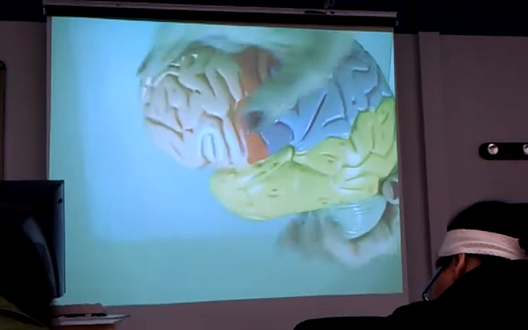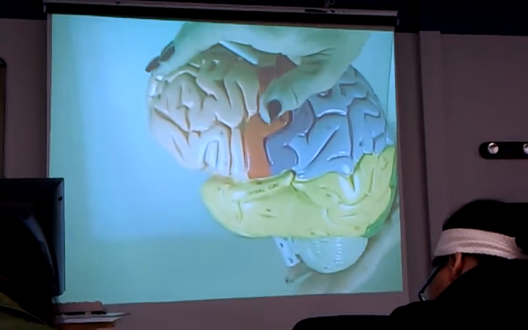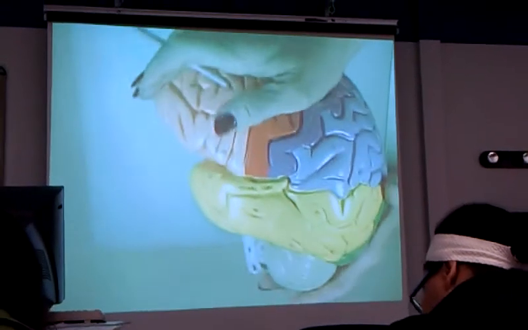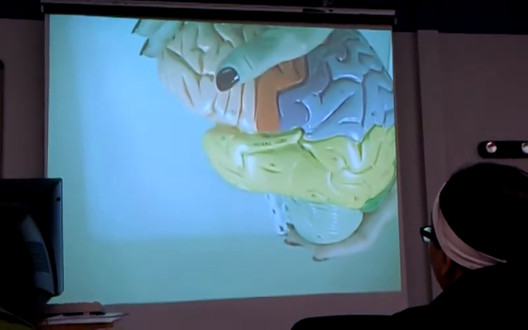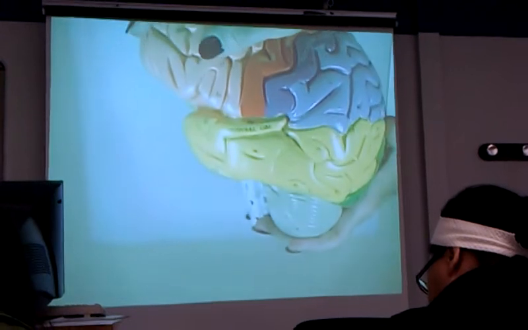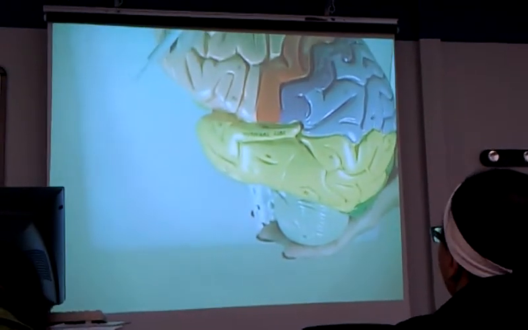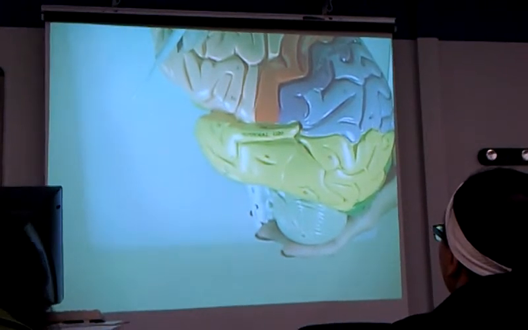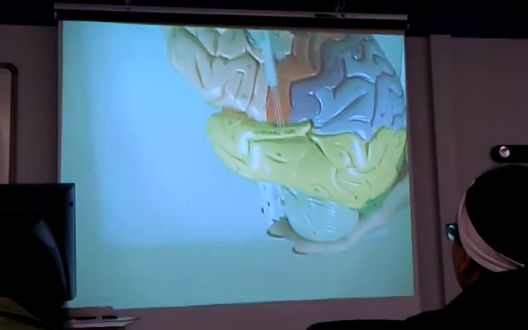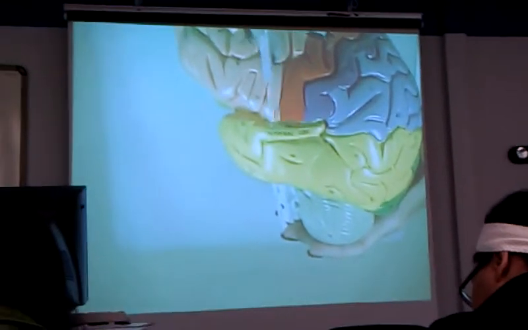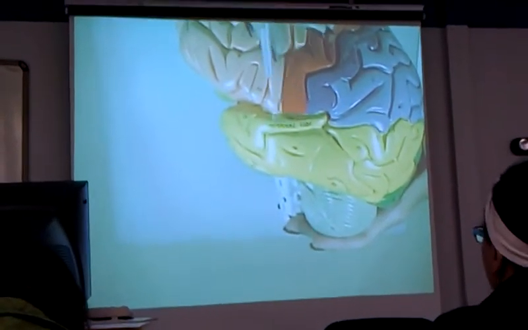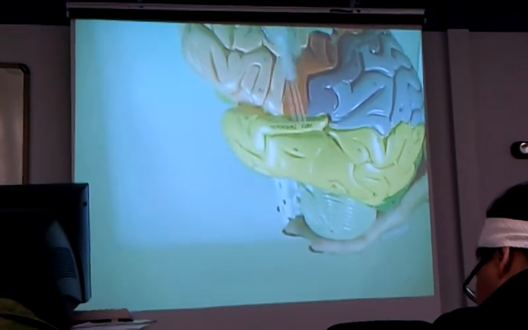Okay, now, the rest of this is found on all models, so you're expected to know it every place. The next is called the superior temporal gyrus. Well, we're going to go to the temporal lobe. Superior means on top, gyrus means raised area. So this raised area on top of the lobe is the superior temporal gyrus.